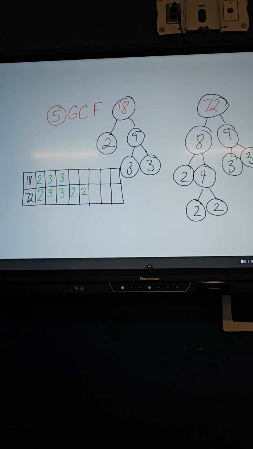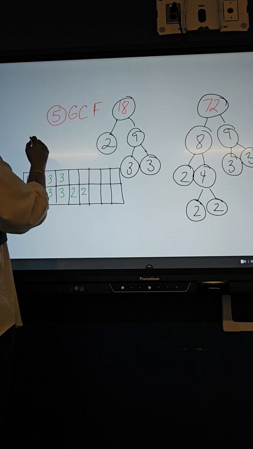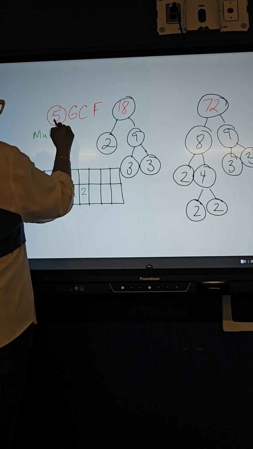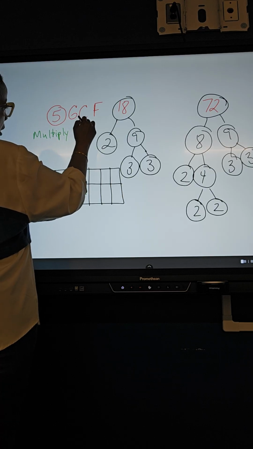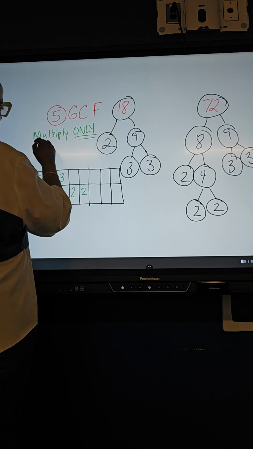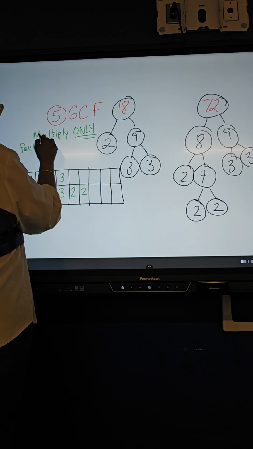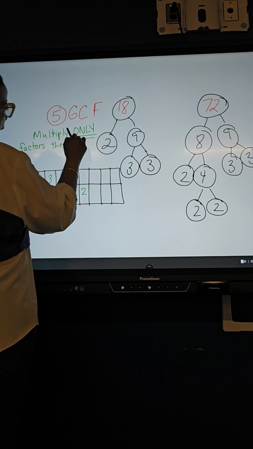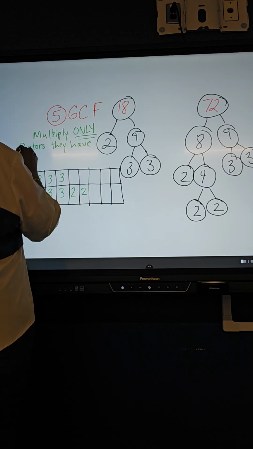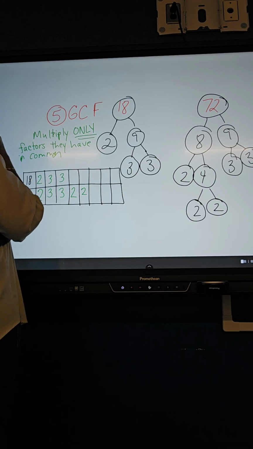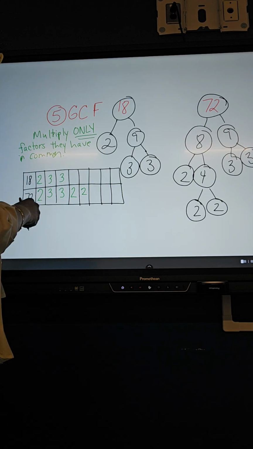Okay, so for greatest common factors, we multiply only the factors they have in common. Okay, what factors do they have in common?